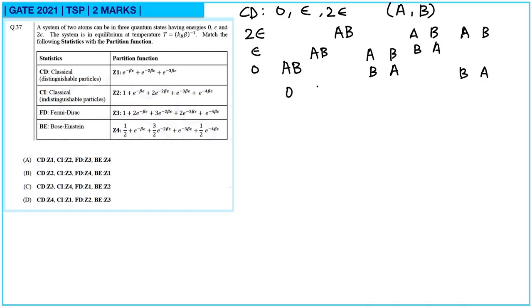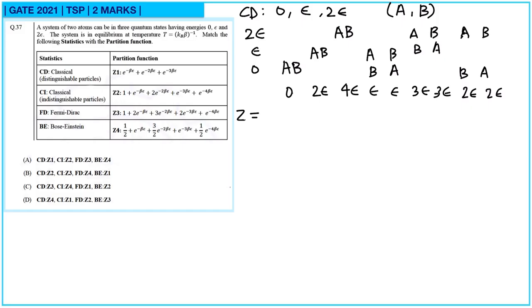Here energy will be 0, here it will be 2E, then here it will be 4E, E plus 0 is E, then 2E plus E, that is 3E, 3E, then we have 2E, 2E. These are the energies. So now Z is equal to simply summation over e raised to minus beta E_i.